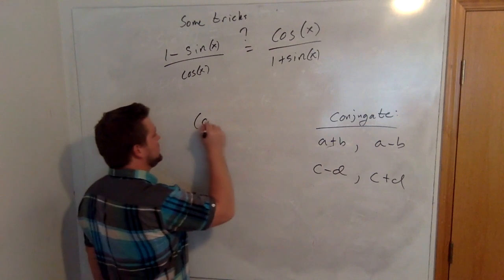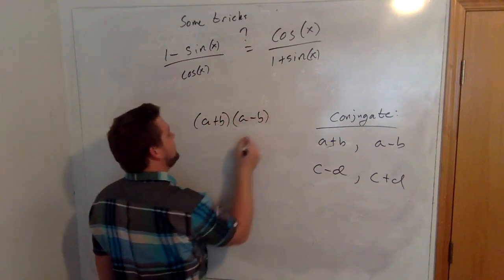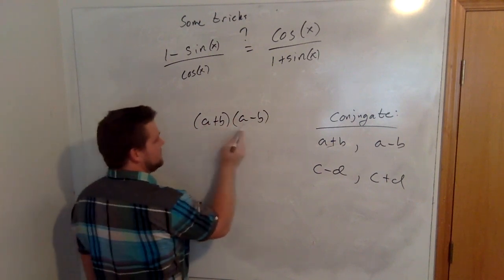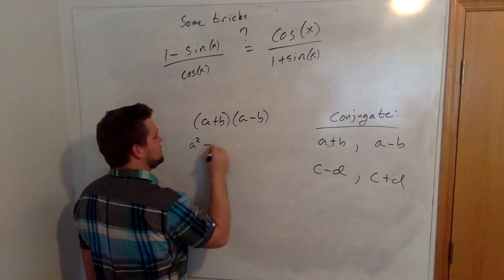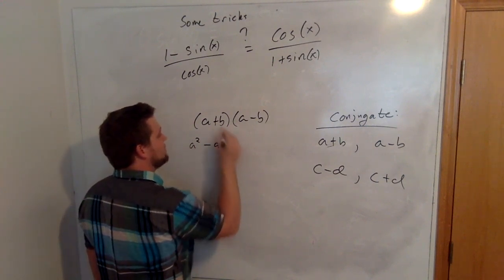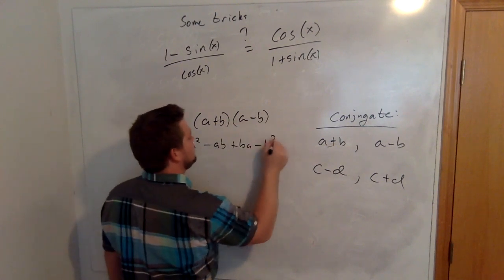For example, if we have something like A plus B and we multiply by its conjugate A minus B, well, if you FOIL this out, A times A, we'll get an A squared. We'll get an A times a negative B, or a negative AB. Plus, we get a B times an A. And then a B times a negative B, which is negative B squared.